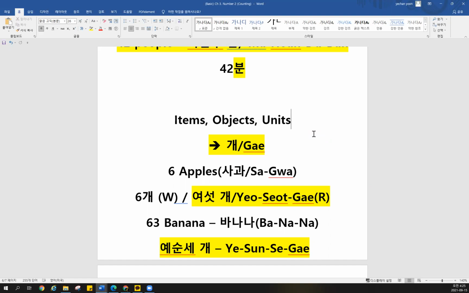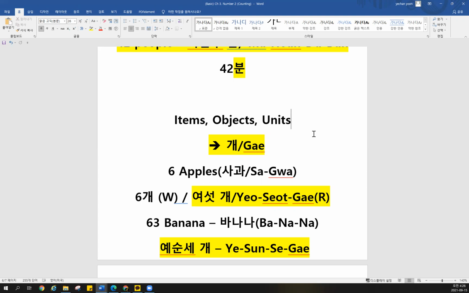All right. How about 63 bananas? I cannot eat 63 bananas. Even I'm the monkey that I cannot eat, but I just give the example, okay? In South Korea, the pronunciation of banana is the Hangul Korean version, which is banana.